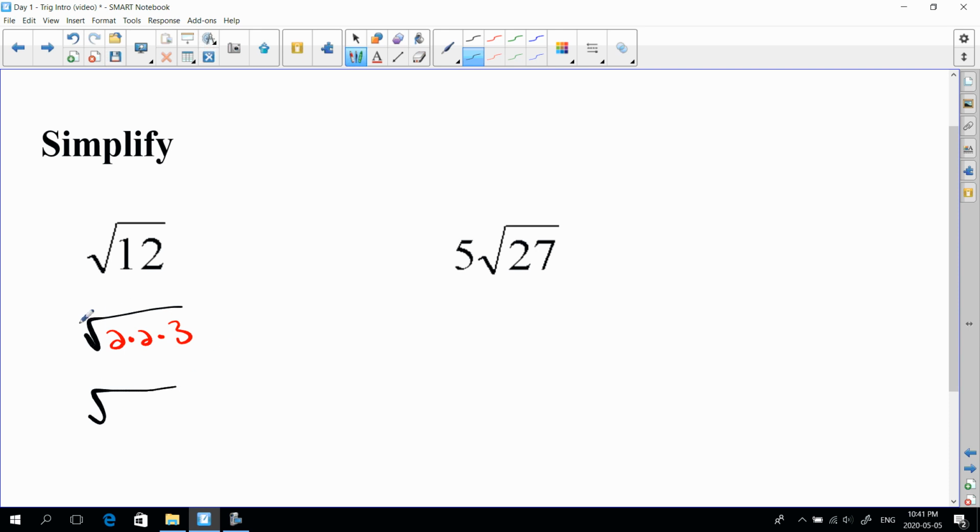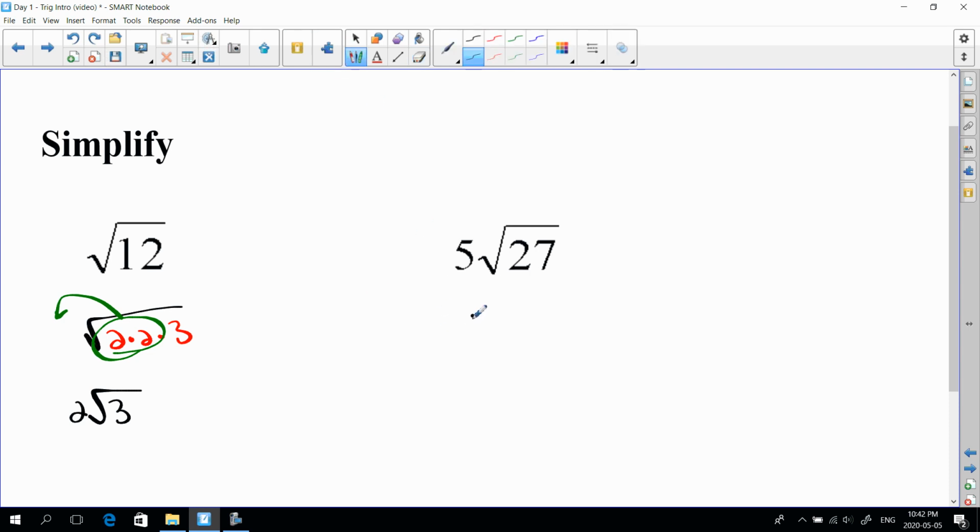Since it's the square root, no index here, it's understood to be a 2, I'm looking for pairs, and I have a pair of 2's. So I pull them out, and I end up with 2 times the square root of 3. So 2 root 3 is my final answer, the simplified version of root 12.